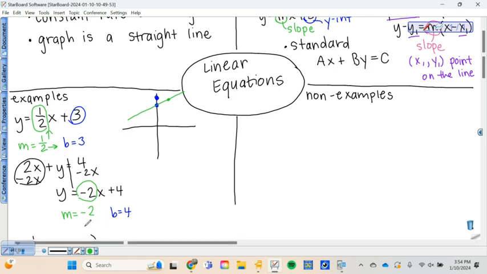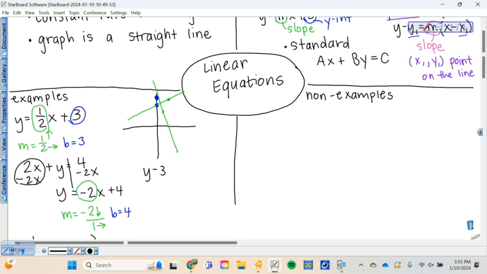Yes, it is going down, but down how far? 2 and over how many? 1. Okay, down 2 over 1, and it'll look something like that, right? And very clearly, that first line I drew had a positive slope, the second line I drew had a negative slope, right?